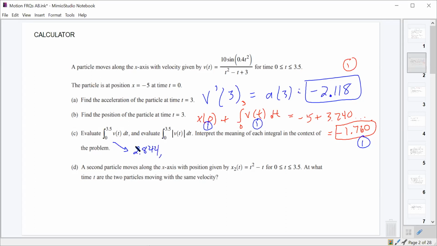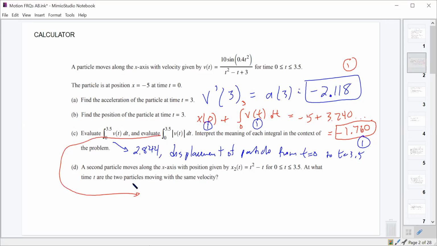And the explanation of what that is should be the displacement of the particle from t equals 0 to t equals 3.5. That's really all you would need to write for that. And then the second part of it, when you took the absolute value of this and integrated it from 0 to 3.5, that should have come out to be 3.737.